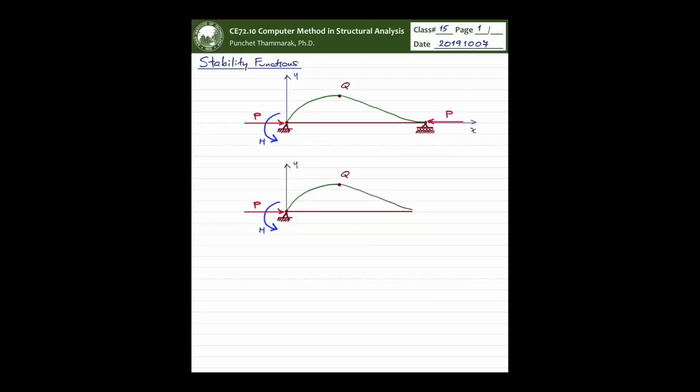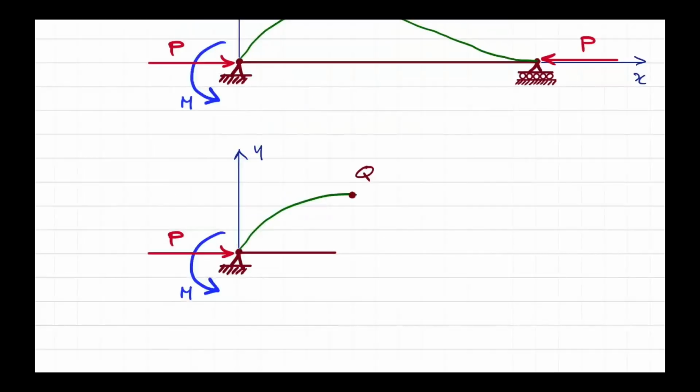So here it is. We have this point Q. If we take a cut, so this is the cut of your beam, not the cross section.